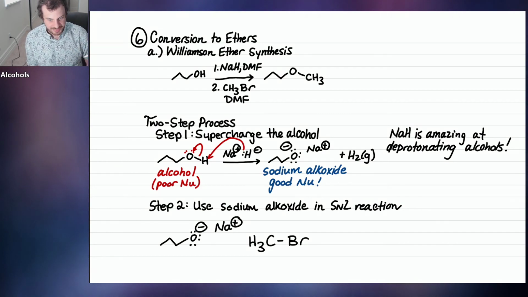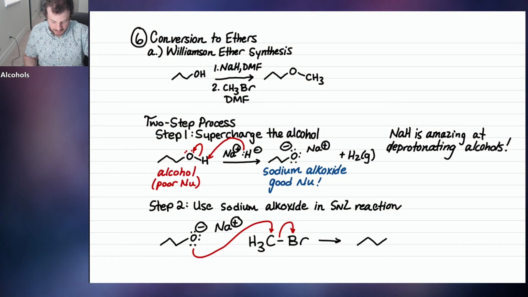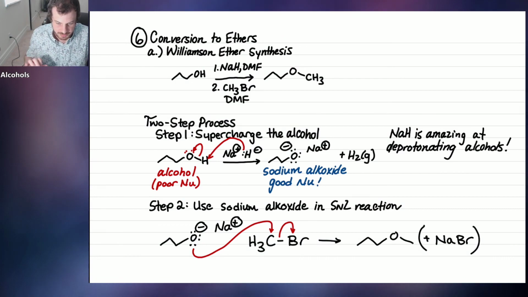So just keep in mind this is an SN2 reaction like we've seen already. The supernucleophile is going to attack the alpha carbon in a backside attack, kick out the leaving group, and then we create the ether product, the product of the SN2 reaction, plus sodium bromide as the byproduct, which is optional to write.